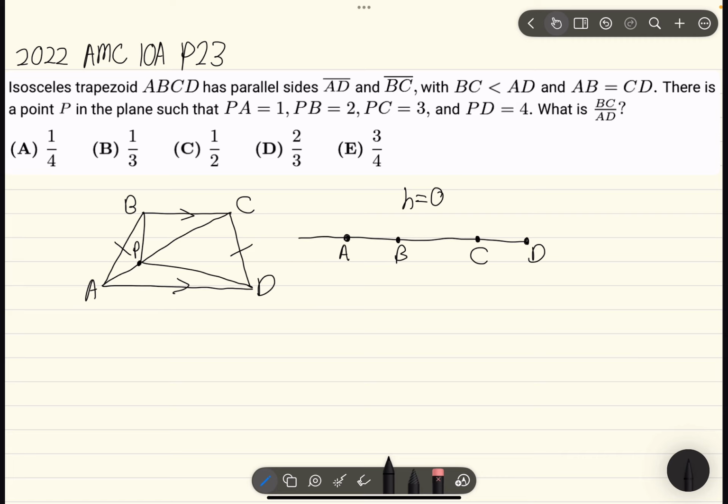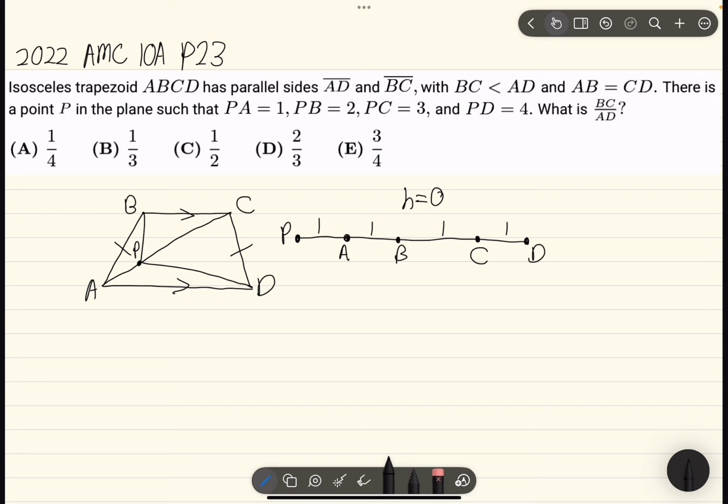Just try to make this work and try to find where P is. P is going to be here, and PA is 1, PB is 2, PC is 3, PD is 4. That's really simple, the most straightforward thing you have here, and you can easily think of it with 5 minutes or maybe 30 seconds or 10 seconds.